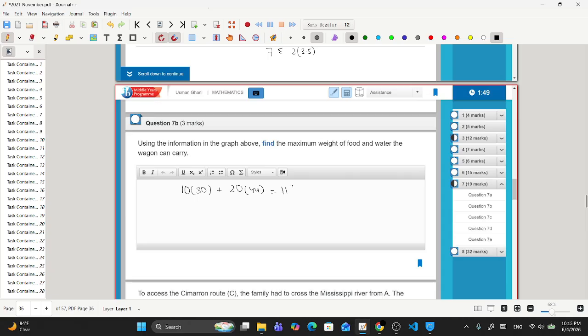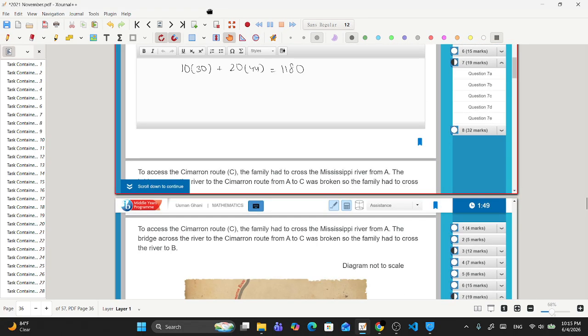So in reality, 1180 is the maximum weight of food and water that the wagon can carry. 1200 is just a maximum, some sort of a margin of error, but 1180 is in reality the maximum value that it can change.